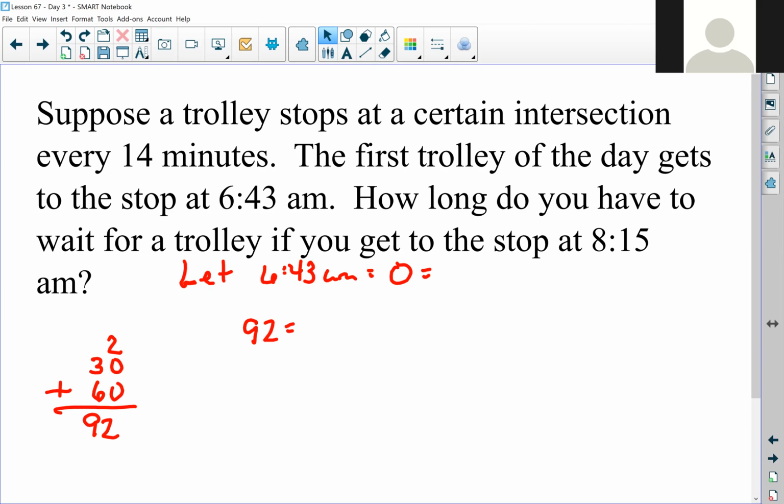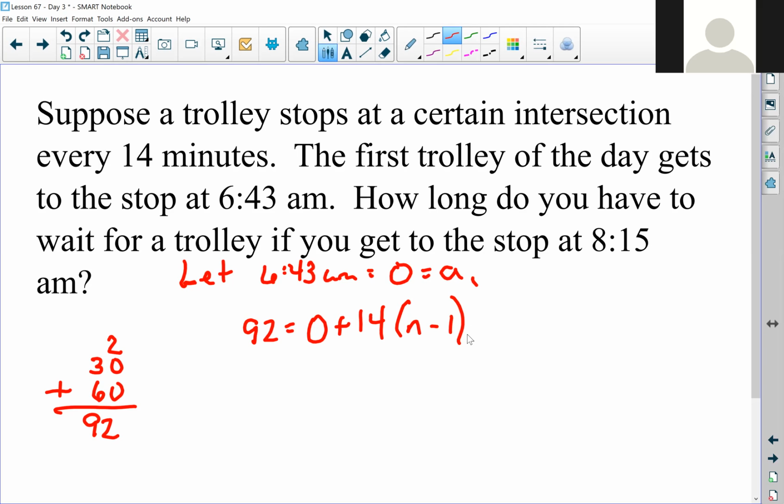And that's going to be our starting value. We go 14 minutes for every n-1.